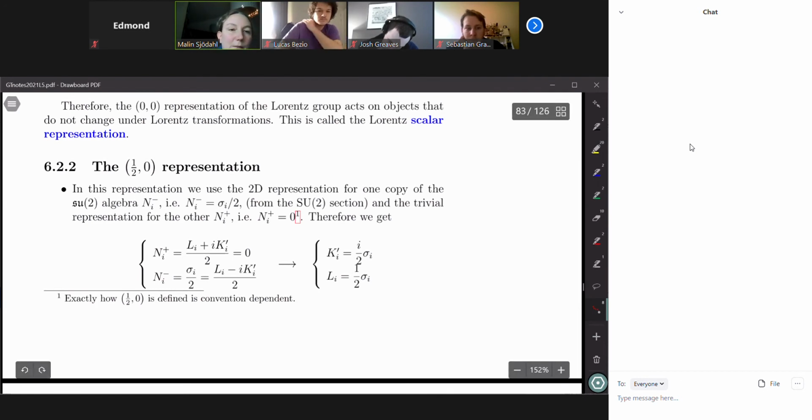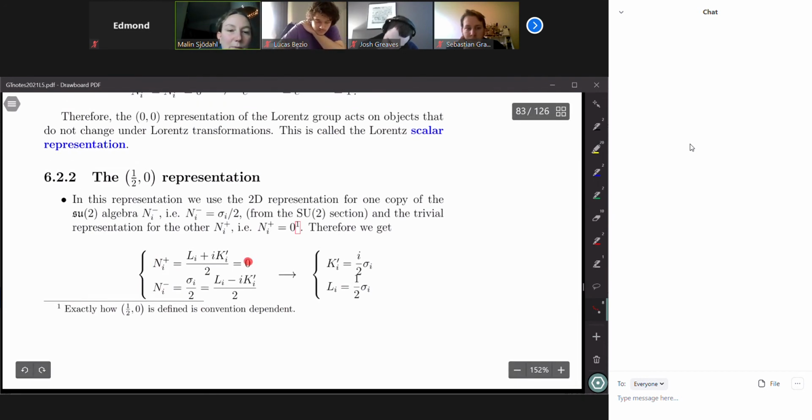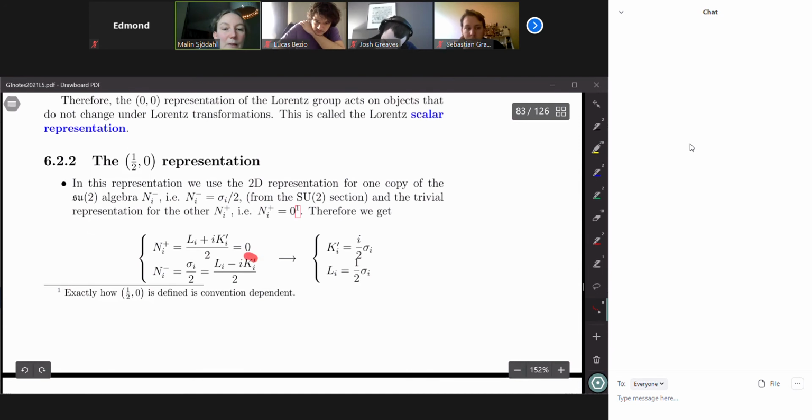So here we take n plus to be 0. That means that we require this linear combination of generators to vanish. From this constraint, we know that this ik prime should be minus Li, such that we have 0. And if we insert minus Li here, we have another Li, minus minus, that is plus Li over 2, and that should be our 1/2 representation we require.